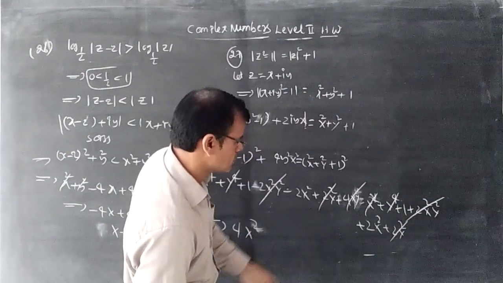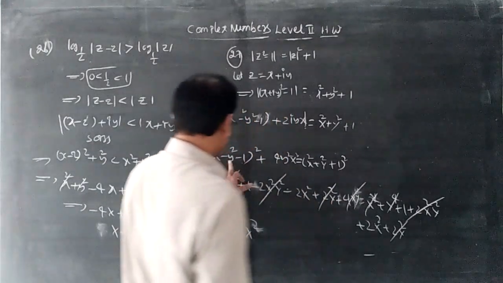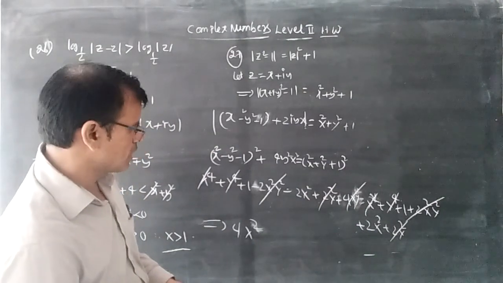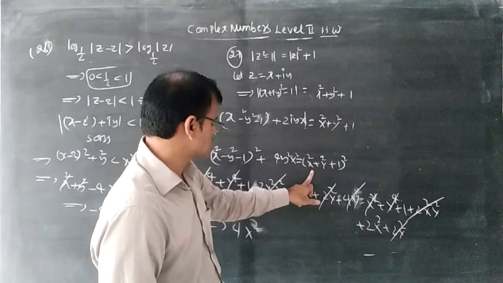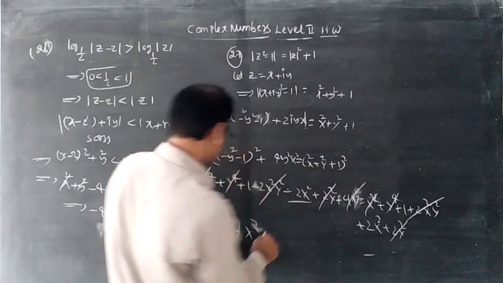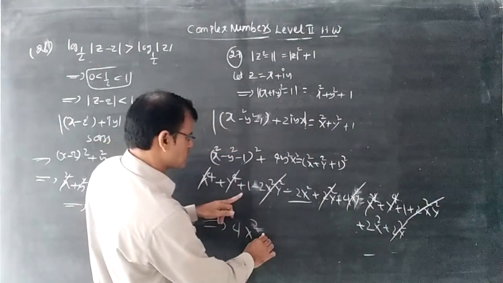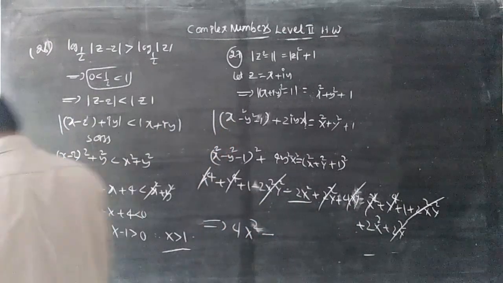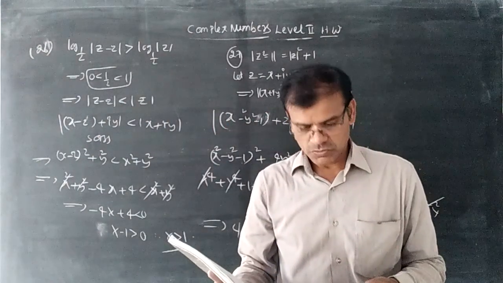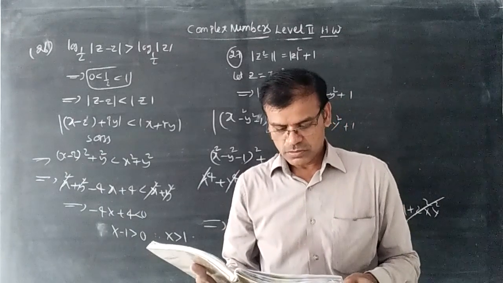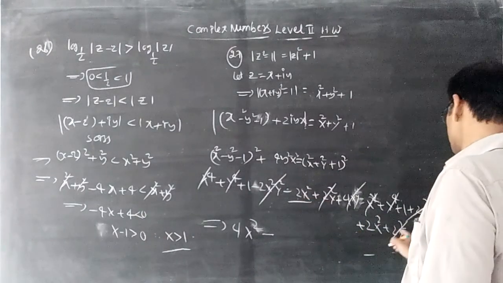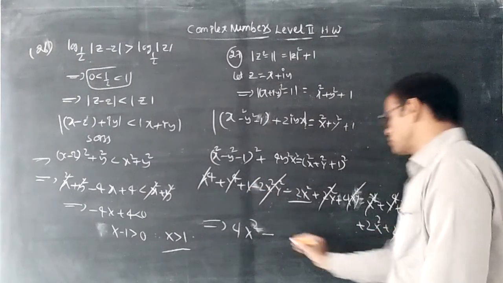Minus 2x square and 2x square gives 4x square. The 1 also got cancelled, and equal to 0 we got.